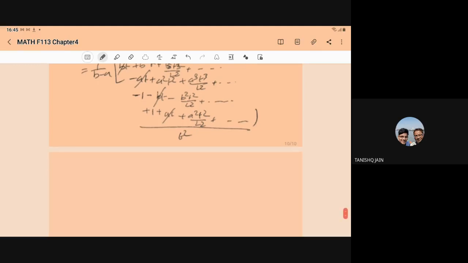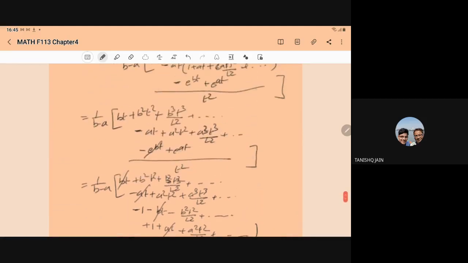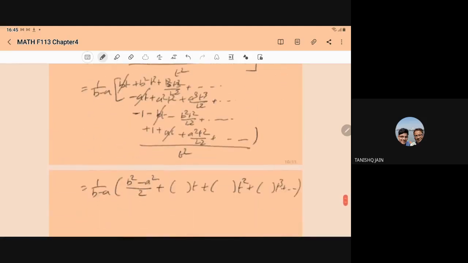So when you divide, it will give you b minus a, and it will give you b square minus a square upon 2 plus some function of t, some function of t square, some function of t cube, and so on. So this is the dy dt.